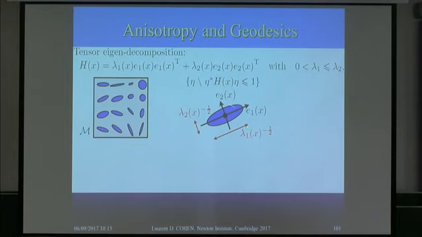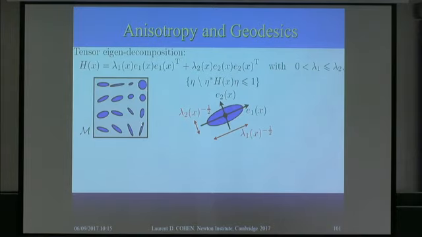This representation of the unit ball is useful to visualize the preferred orientation, because the longer the axis, the smaller lambda 1 is relative to lambda 2.